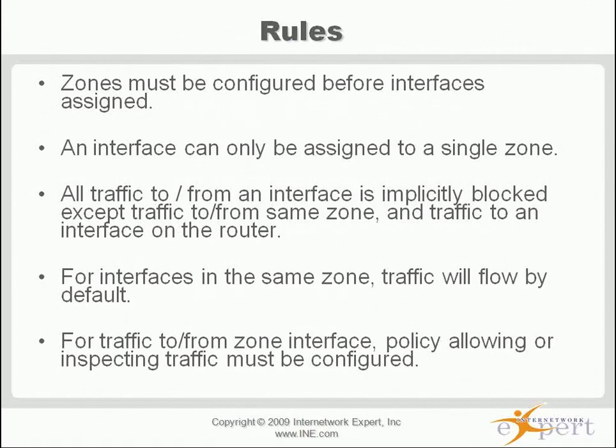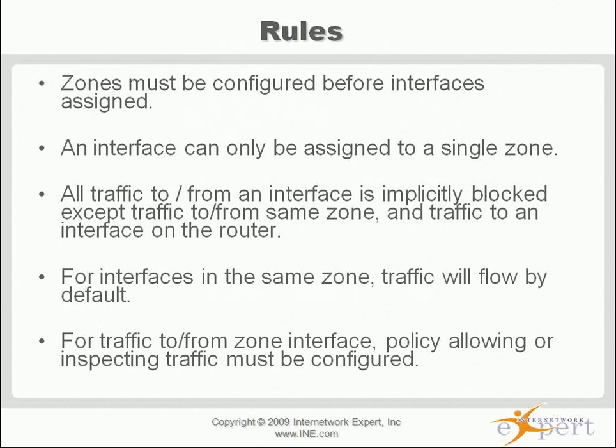As far as traffic for the interfaces themselves, the next rule we have: all traffic to or from an interface is implicitly blocked except traffic to or from the same zone and traffic to an interface on the router. So if I have two interfaces and those interfaces are both, we'll say, in my private zone, then traffic between those interfaces, networks routed via those interfaces, can all pass freely.